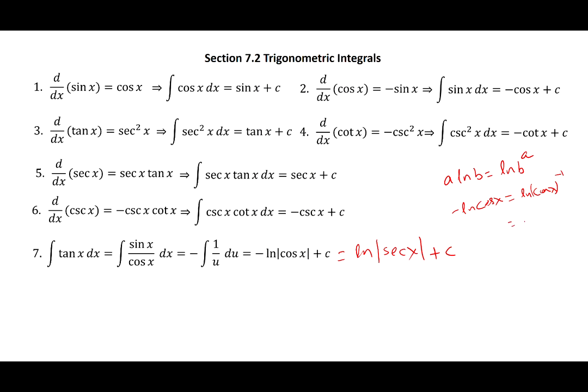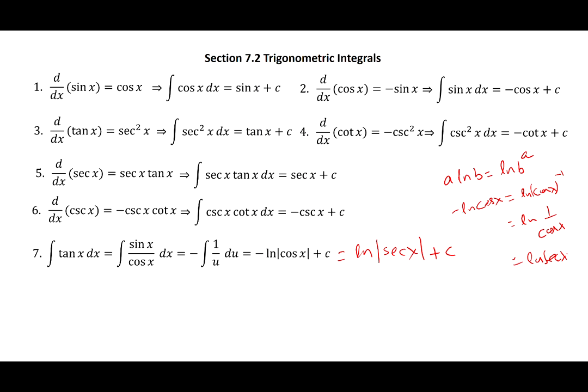Cosine x raised to negative 1, ain't that equal to 1 over cosine x? Now, ain't 1 over cosine x just secant x? That's what I'm talking about, right? So this is natural log of secant x plus c.